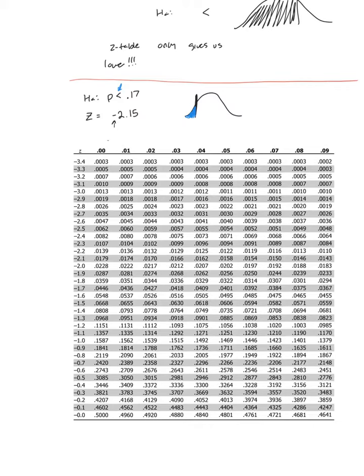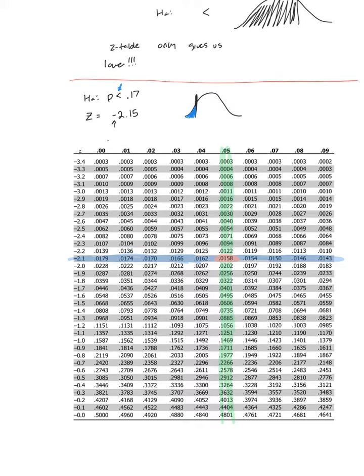I have negative 2.15, so I'm going to go to the left side and try to find negative 2.1. That's right here. I need negative 2.15, which means I go up to the top and find where 0.05 is, and I trace it down. Where those two overlap, that is going to be my p-value.